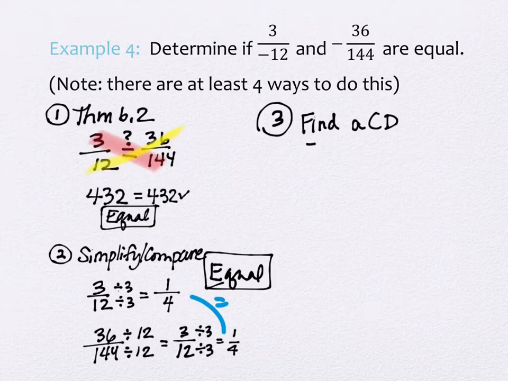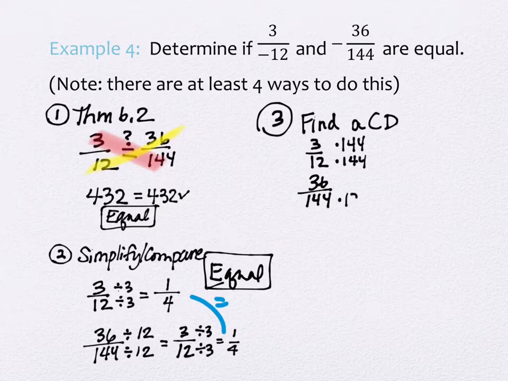So we had our 3 over 12, and we have our 36 over 144. You find common denominators in general simply by multiplying the two denominators by one another. So the next step is very straightforward on this one. I would multiply this denominator by 144 and its numerator.